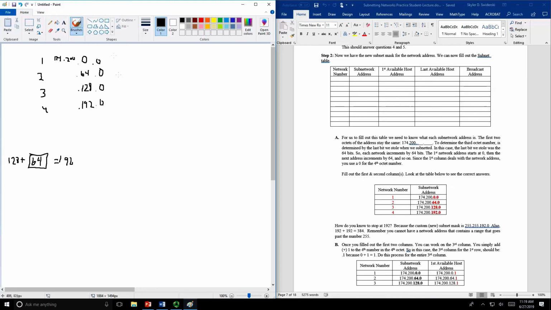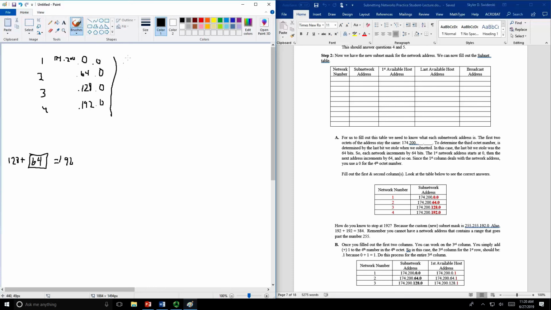We know where our subnet addresses are, and now we can work on our first available host. Remember how we did it before, that we simply added 1 to the 4th octet? Well, the same principles apply, because the 3rd quadrant is giving the information on the network. Now we're simply telling what the host section is.